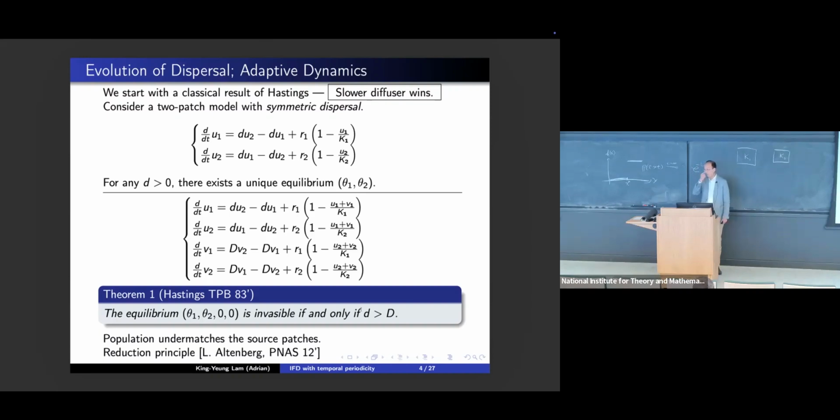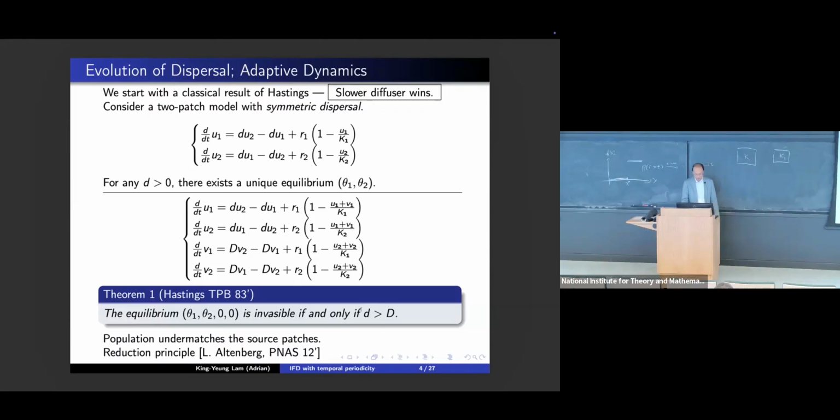The intuitive reason is already given in Hisashi's talk. Whenever there's a coupled spatial heterogeneity and two patches are coupled by symmetric diffusion, it introduces a mismatch of resource. Evolutionarily speaking, the source patches determine the future.